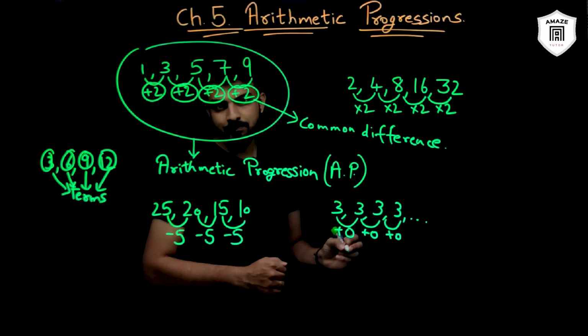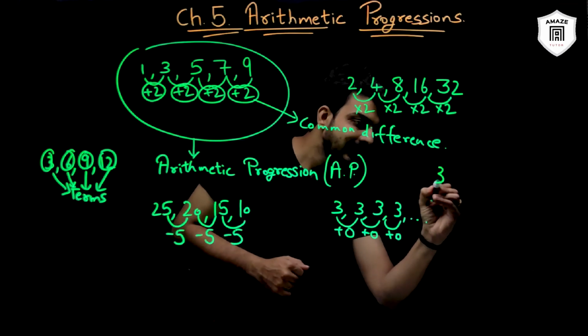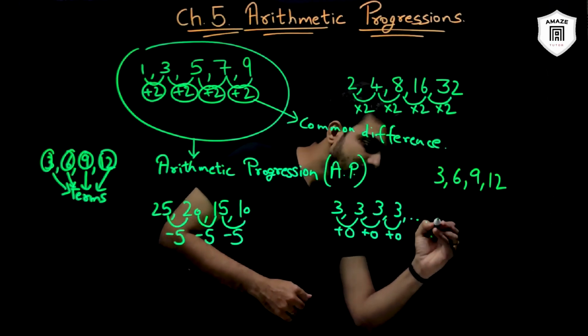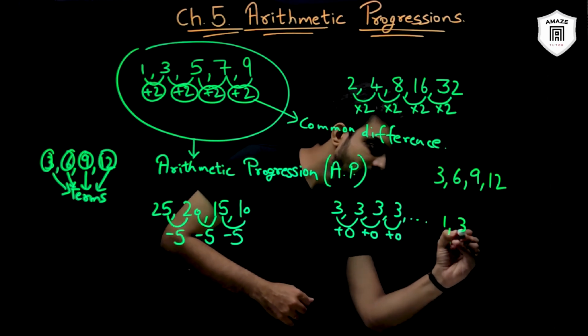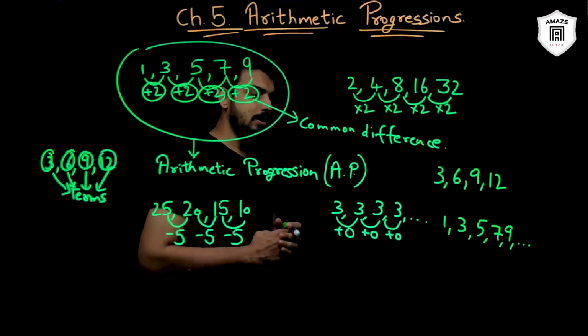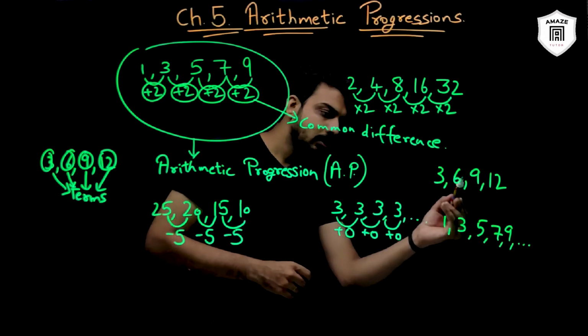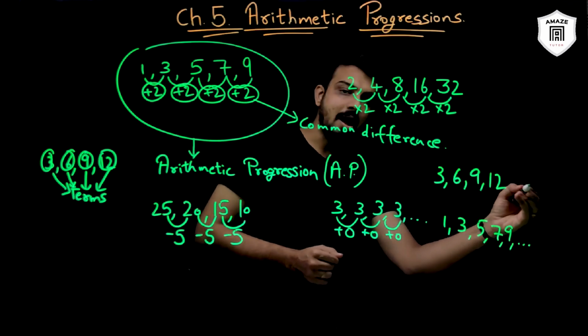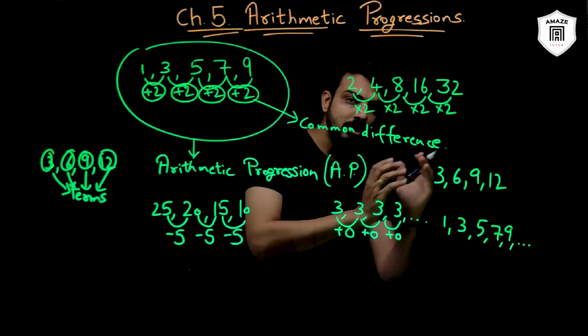So now let's move on to the other terminology, which is finite AP. So look at this, 3, 6, 9, 12, and look at this. If I write it in this way, 1, 3, 5, 7, 9, and so on. Look, here I have written 4 terms and then I have ended the progression.